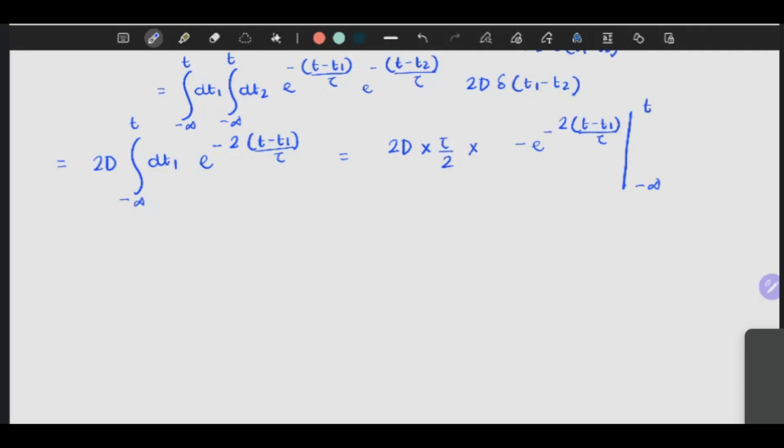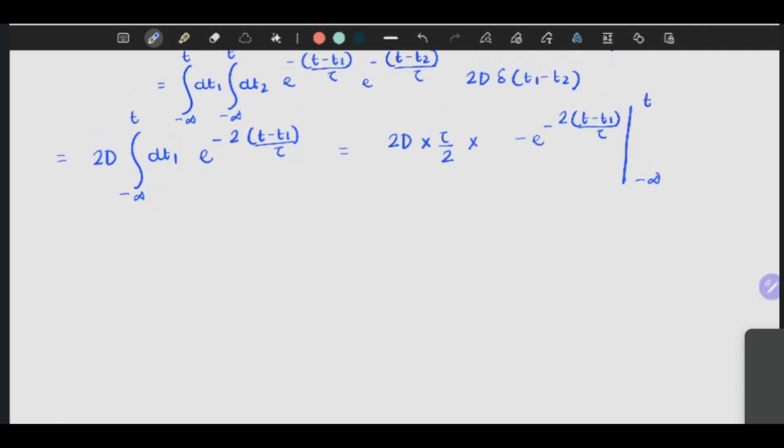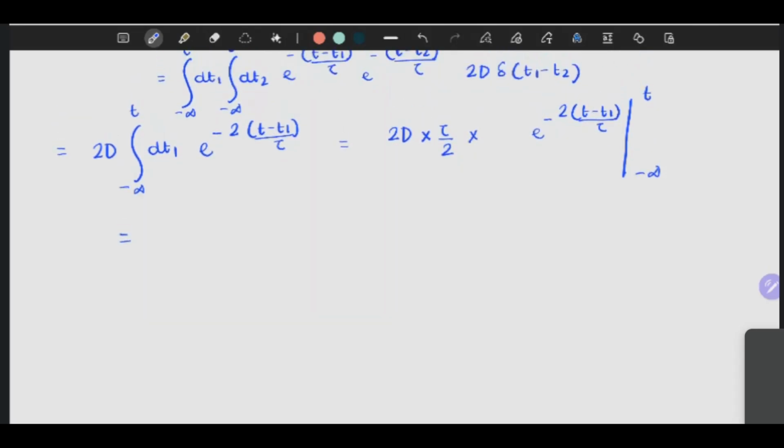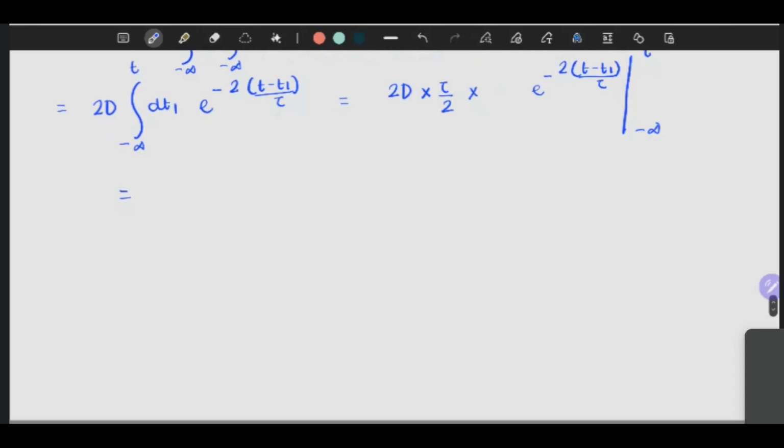Now minus minus plus, so there will be no minus because this is t1 minus t. T is constant. So when t1 is equal to t, this will be 0, that means e to the power 0 is 1. For minus infinity, this will be 0. So this will be D tau.